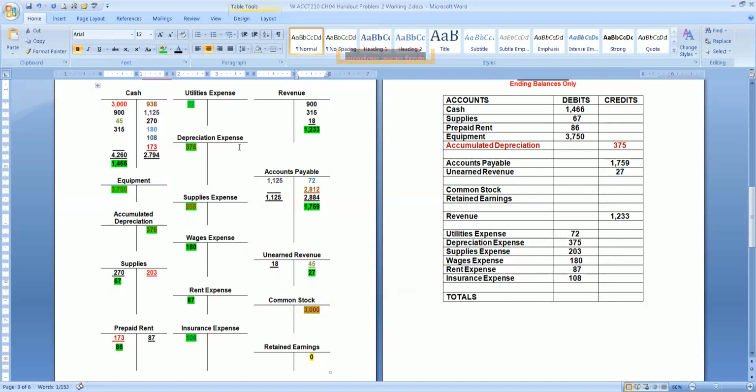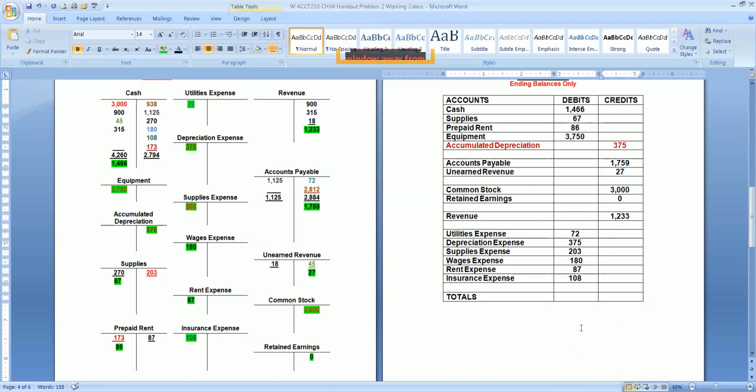Common stock, 3,000. And retained earnings, 0. Do you need to put that one in? Probably not. Okay. So I think that is everything.